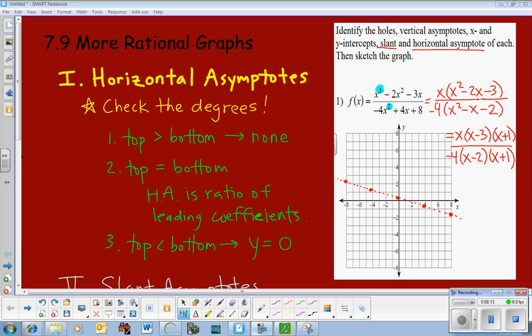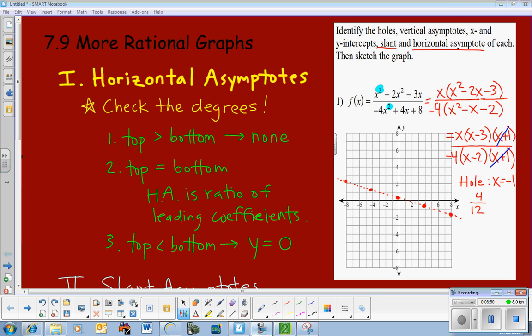Now we identify our holes and asymptotes. First of all, x equals negative 1 is a hole because it was canceled. Now, if you want to know the location of that hole, plug negative 1 into the canceled out version. You're going to get negative 1 times negative 4 on top, which is 4. And on the bottom, I'm going to get negative 4 times negative 1 minus 2 is negative 3, which is 12.